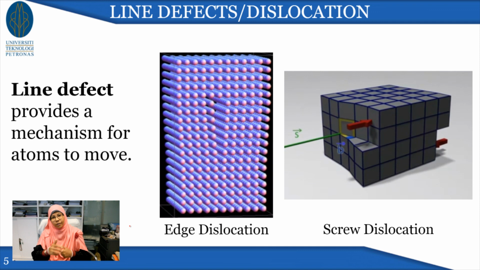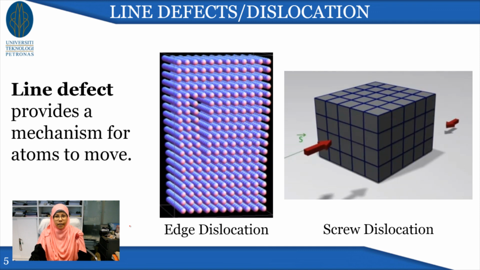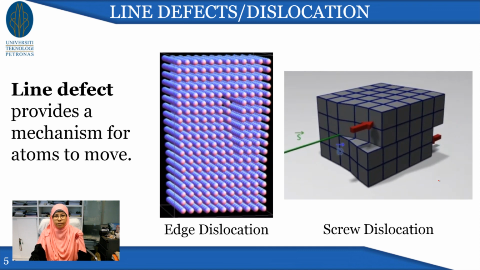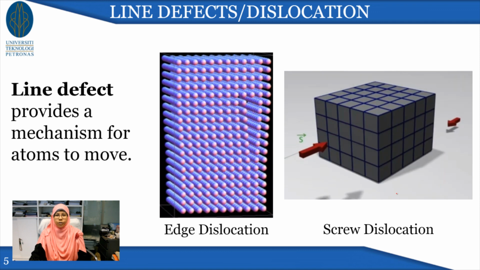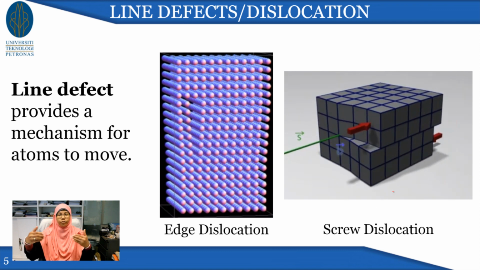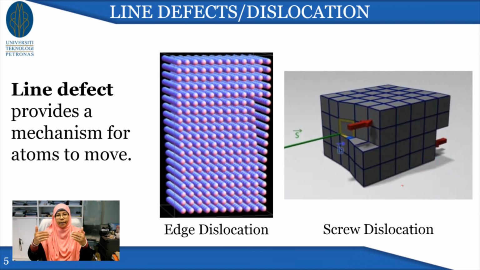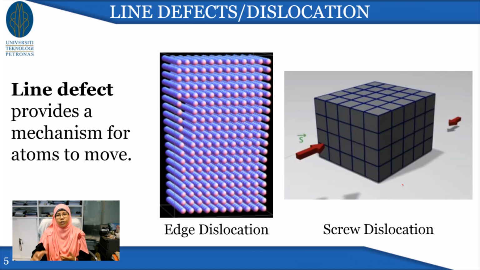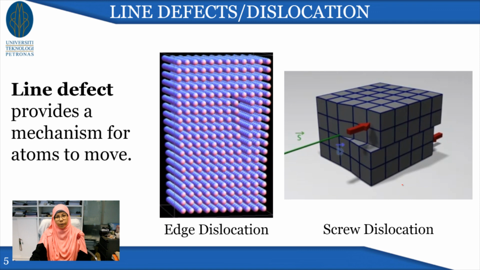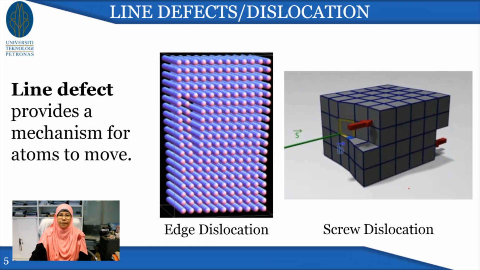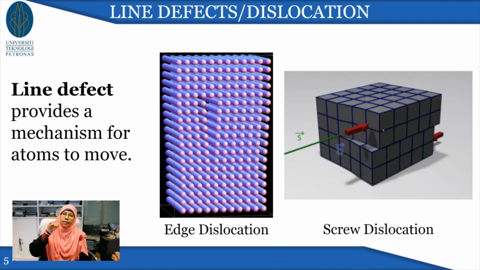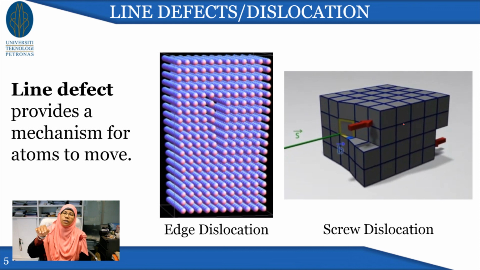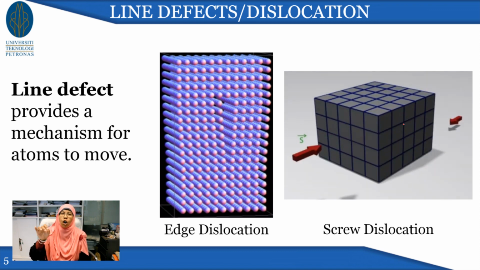Okay, so let's see in the right schematic, or that video on the right, you see when you push the block from front and back, okay, you are changing the shape of the block. And what actually happens in the block is that you are pushing the dislocations, you are pushing the atoms to move along where?